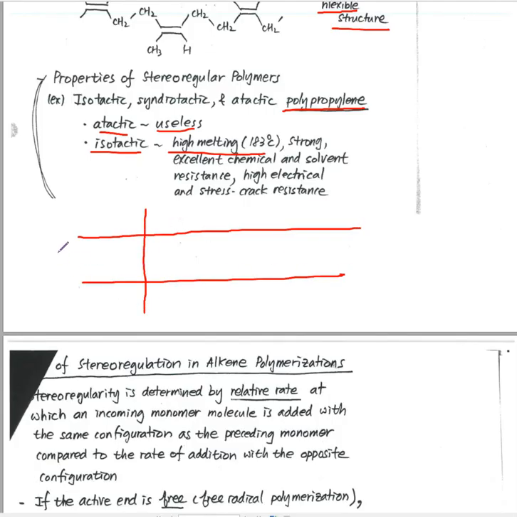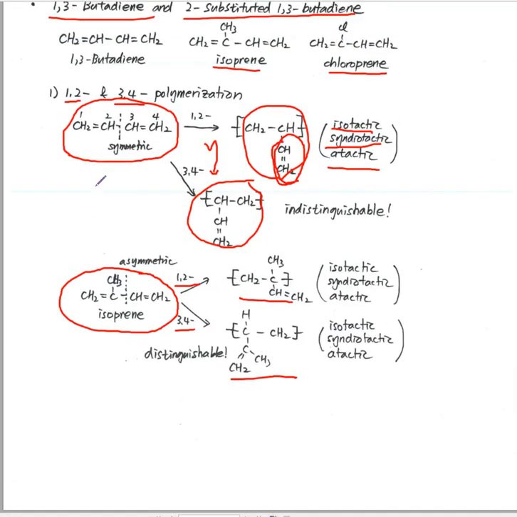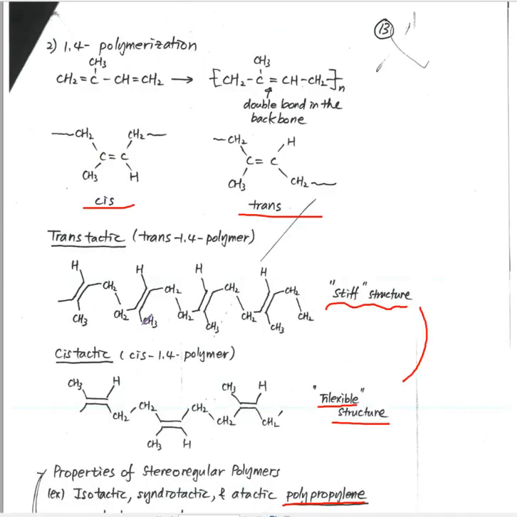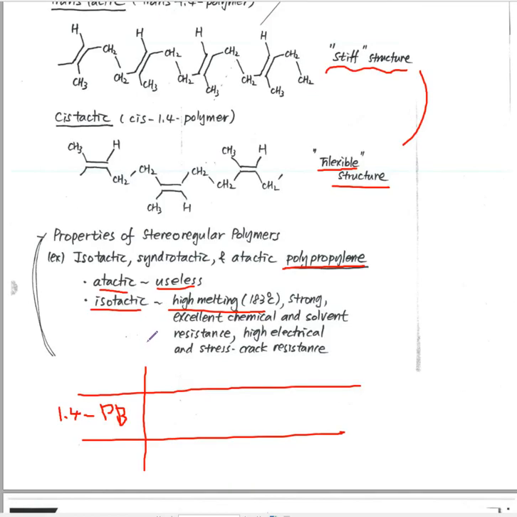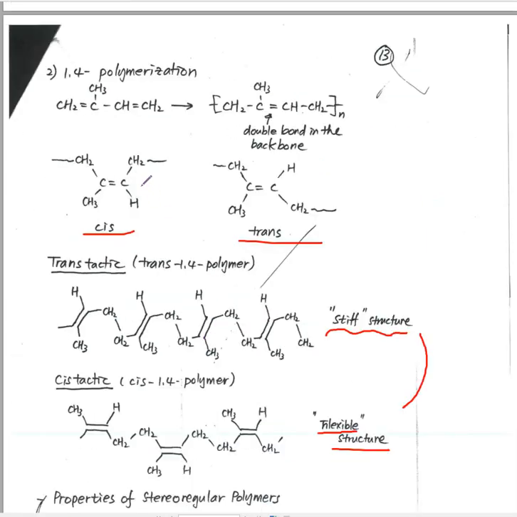If you compare 1,4 polybutadiene, not this one, which is isoprene, but if you generate polybutadiene from 1,3-butadiene by the 1,4 polymerization method, you can generate cis and trans forms, right? One for polybutadiene and also for 1,4 polyisoprene. This one and this one.